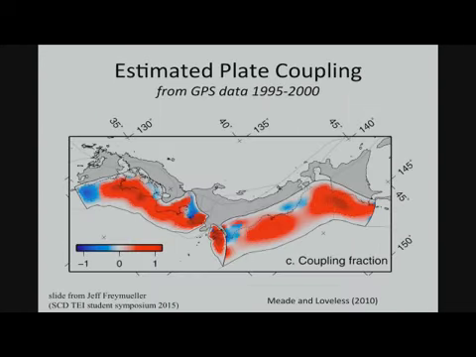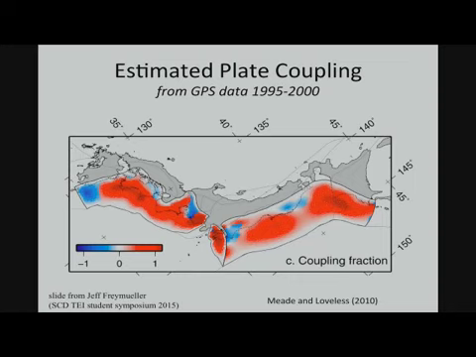From GPS we can measure where the plate is locked, where the seismogenic plate is locked. Here are some nice slides provided by Jeff, mostly based on work by Loveless and Meade. From GPS, the red regions here are the places where the seismogenic zone appears to be locked.